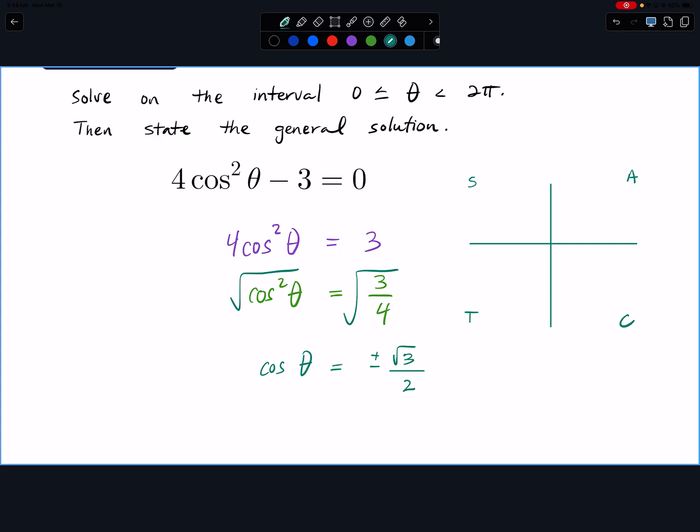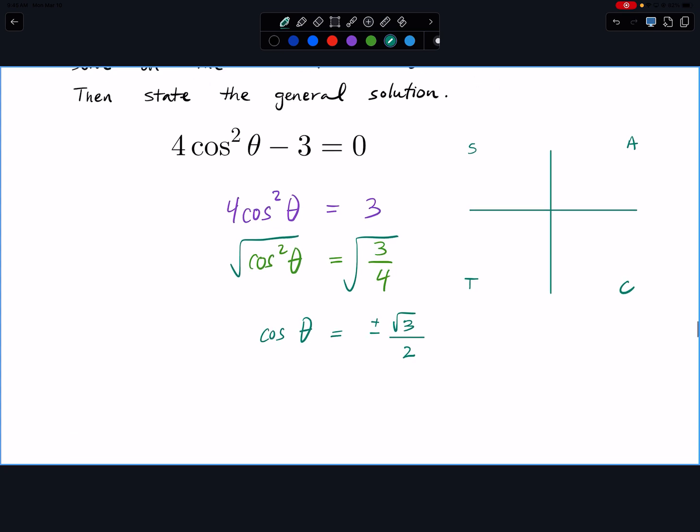Which angle in quadrant 1 gives me square root 3 over 2 for cosine? Pi over 6. Good. So this would be pi over 6. And then do you guys agree that this would be 11 pi over 6?